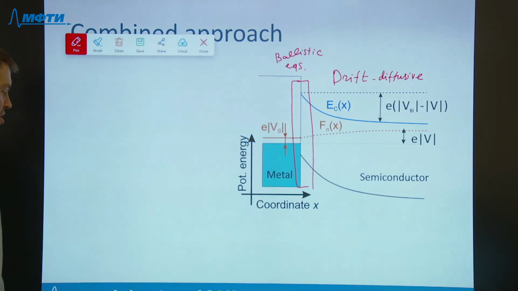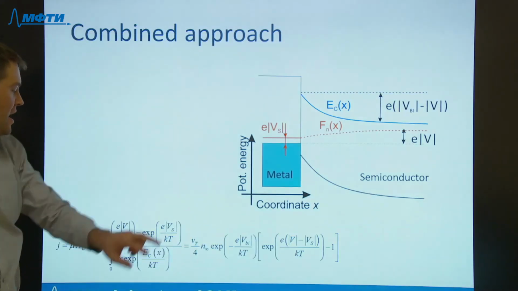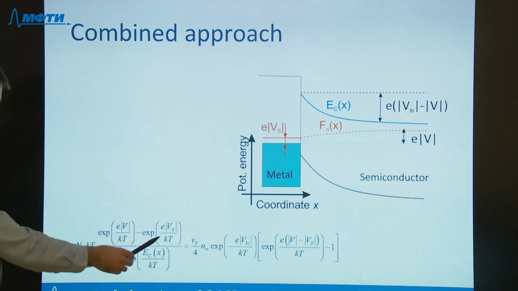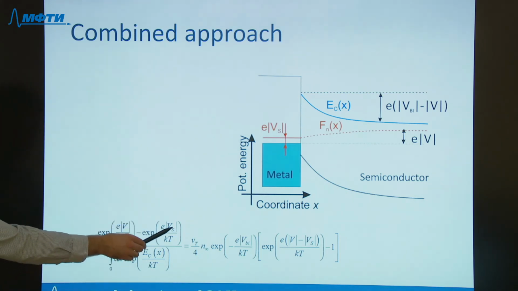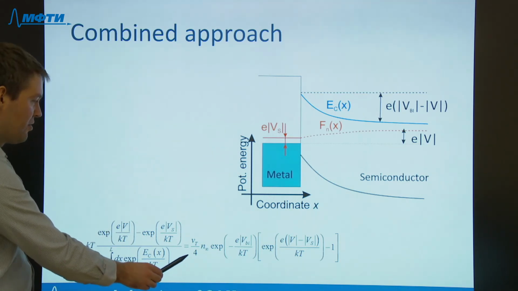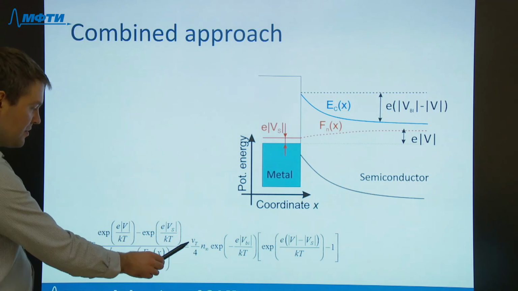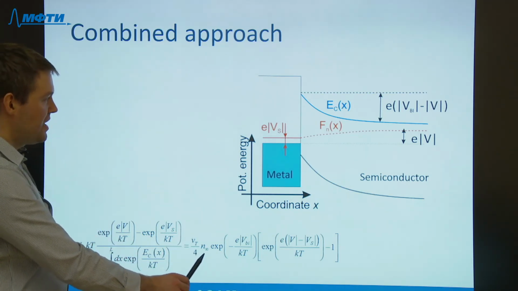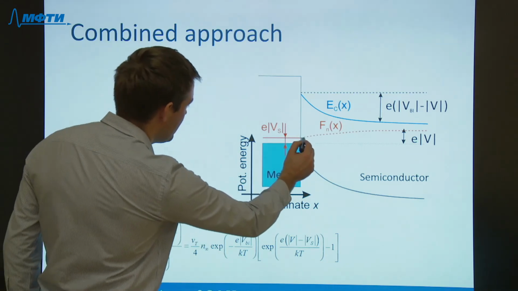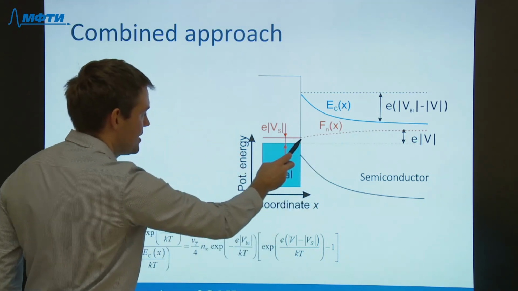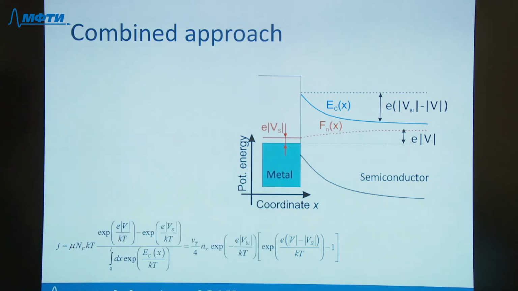The modification is quite apparent. In the expression for the drift-diffusive current you integrate not from 0 to EV, but from the surface potential to EV. And in the expression for the ballistic current, you say that the Fermi level of your particles is equal not to EV, but is slightly reduced compared to its bulk value.